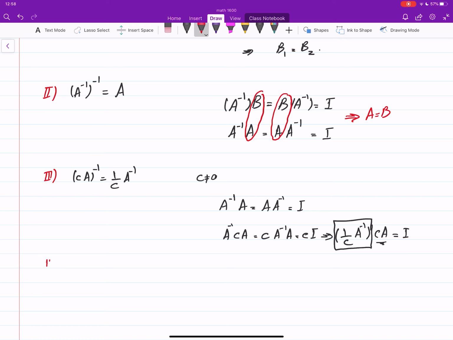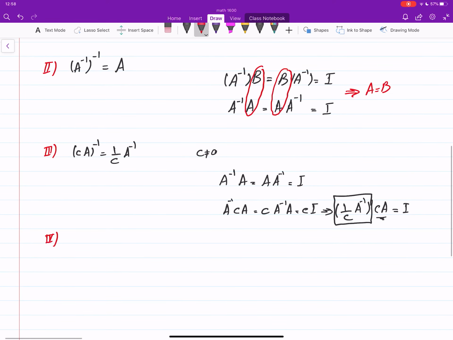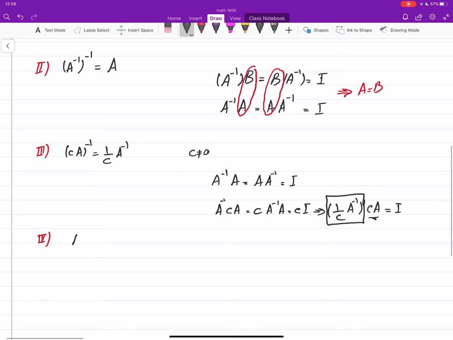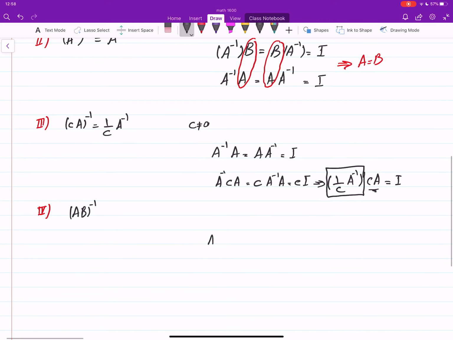The fourth property is, how about matrix multiplication and inverse? Here I'm assuming A and B are two invertible matrices which can be multiplied. So if A is invertible and B is invertible, what is the inverse of AB? Okay, so I have A times A inverse equal to identity, and also B times B inverse, from both left and right. These are identity, yes?